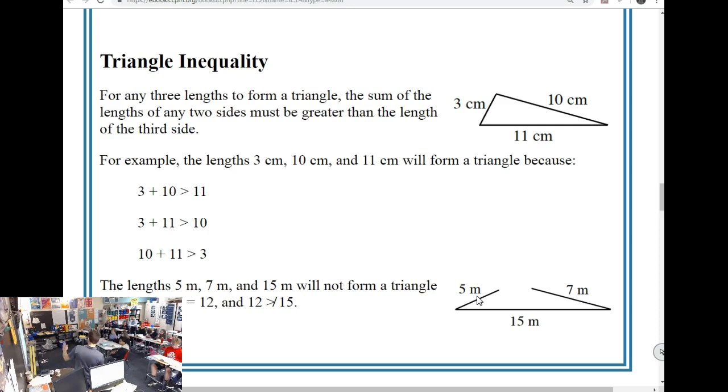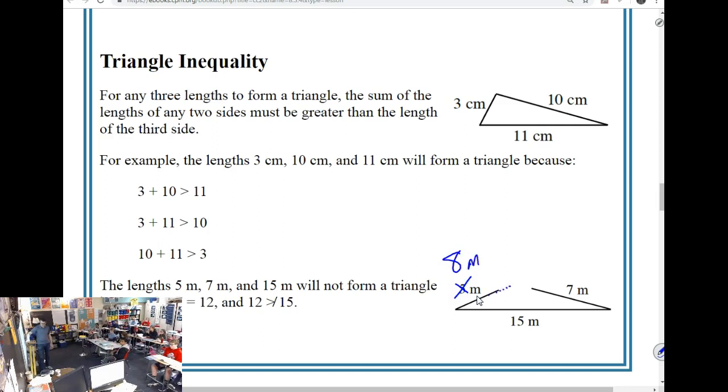From one vertex, if I go 5, and the other vertex I go 7, I can't make it to the middle because I don't have enough distance. Now, what if my two legs equal the third? So, we realize this doesn't work. So instead of 5, I make this 8.